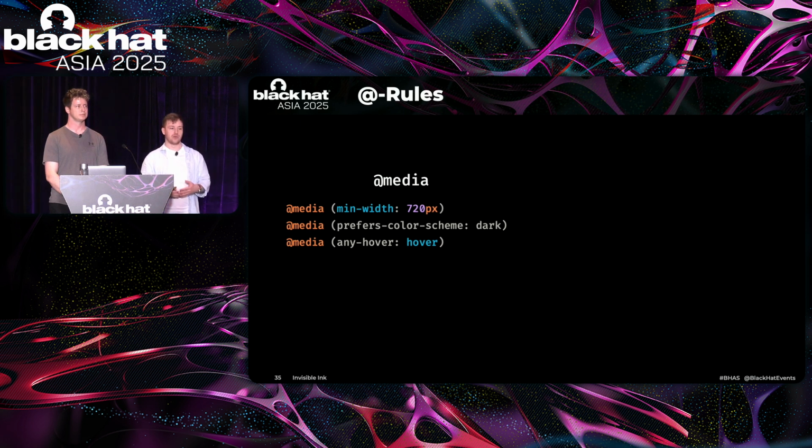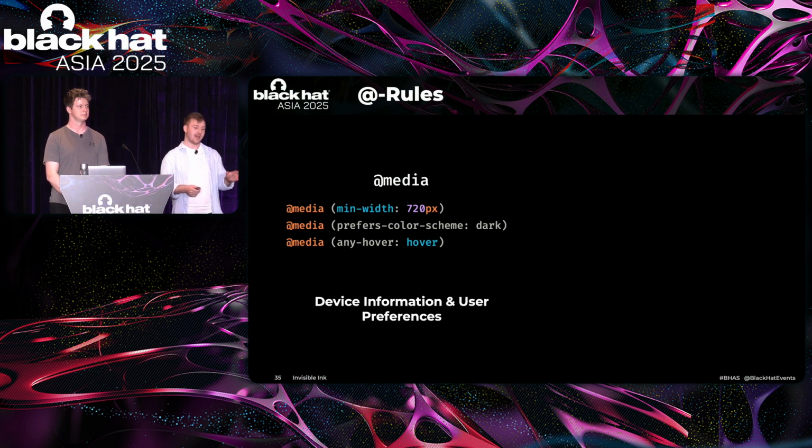Then you can also query the user preferences, for example regarding the color mode, if you prefer the dark mode or the light mode. In addition, you can query if it is a touch device or not by taking a look at if hovering on that device is supported. So to summarize the capabilities of this at-rule, you get a bunch of different device information that is largely related to the screen, and also some user preferences.